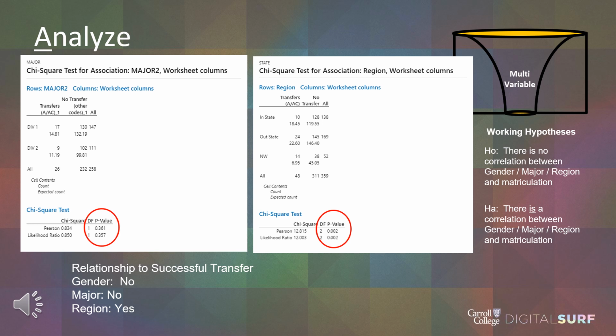However, we have found that there is a relationship for which region they are from and if they decide to come to Carroll. Now we can use these relationships that we've tested to help us improve our marketing. That way we know what to focus on, and this can help us be more effective in our marketing and help us get more transfer students to matriculate to Carroll College.